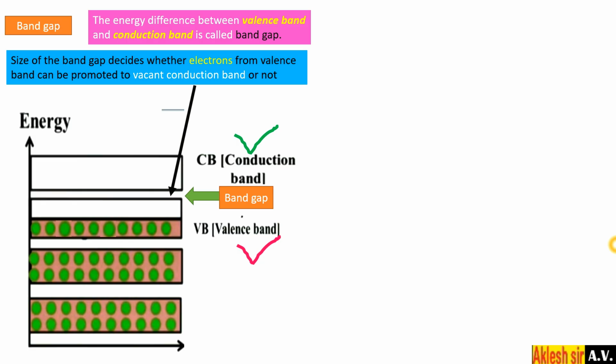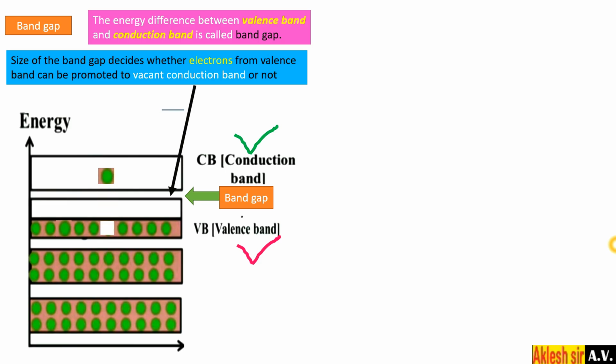Now, the size of the band gap decides whether the electron from the valence band can be promoted to the vacant conduction band or not. If the band gap is more, the electron will not get free and go to the conduction band.